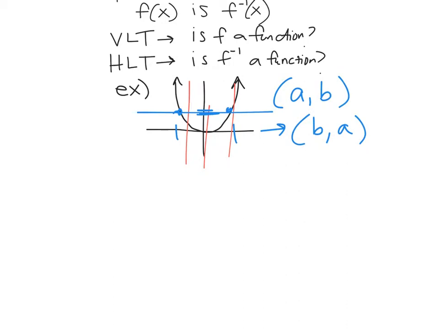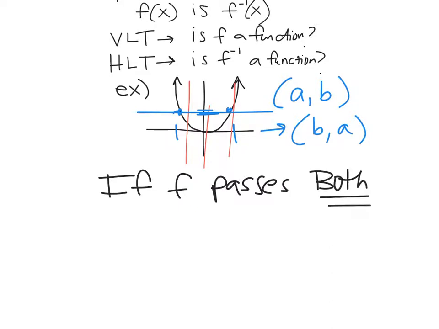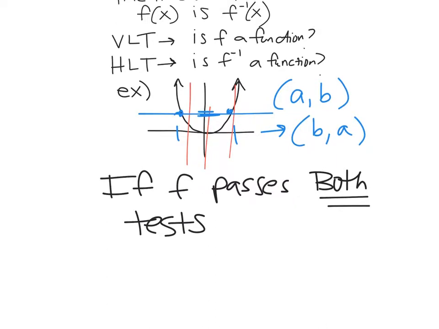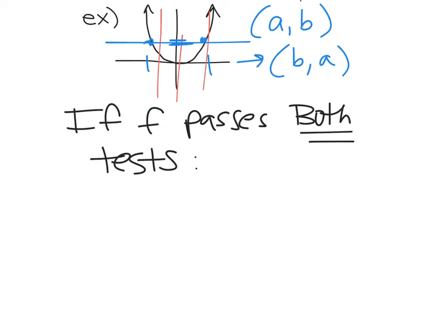Okay? All right. The other thing is, if f passes both tests, okay? It passes both the horizontal and the vertical line test. These are kind of special functions. They are called, do you remember? Or maybe we didn't learn this. They are called one-to-one.